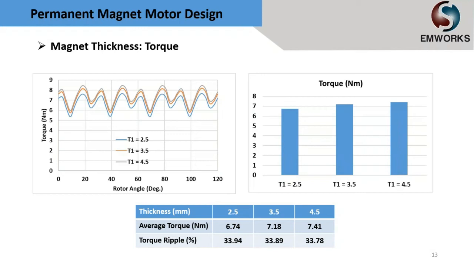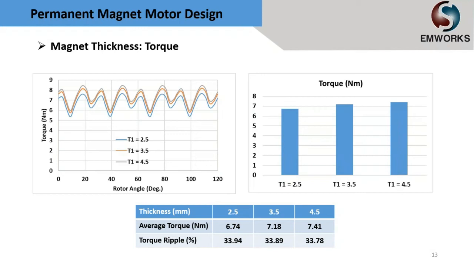Considering the fact that the back EMF waveform doesn't change with the magnet thickness, we can expect that the torque profile will have the same shape for different magnet thickness, and only a small increase of the generated torque can be achieved by increasing the magnet thickness. This can be seen in this figure.